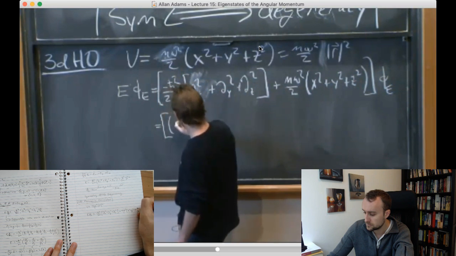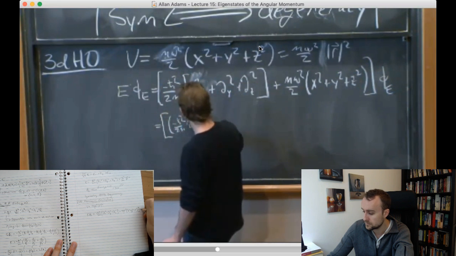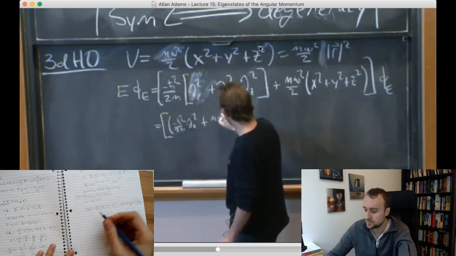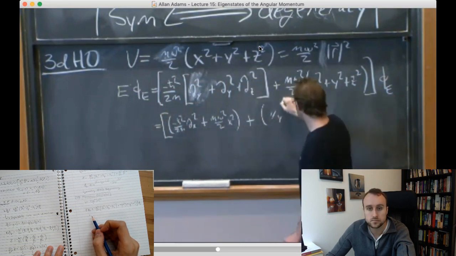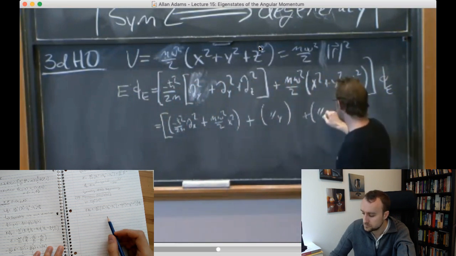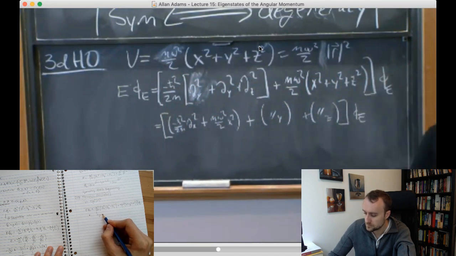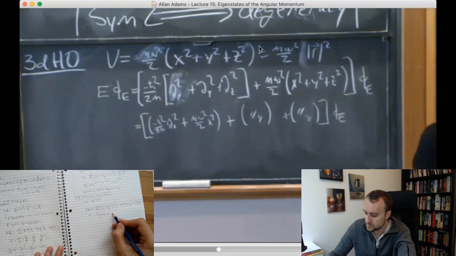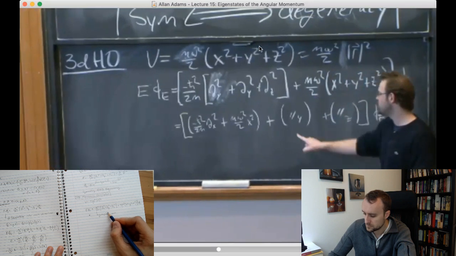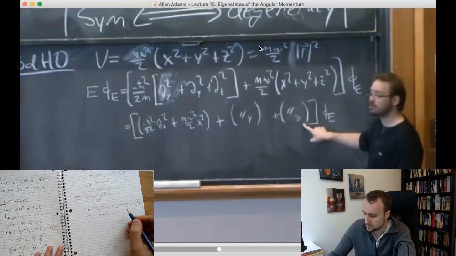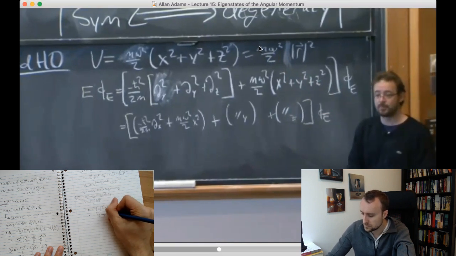This is minus h bar squared upon 2m d_x squared plus m omega squared upon 2 x squared, plus ditto for y, plus ditto for z, acting on phi_E. Everybody agree? So this is a differential operator that only involves x, doesn't involve y or z. Ditto y, but no x or z, and ditto z, but no x or y. Aha! This is separable, just as before.